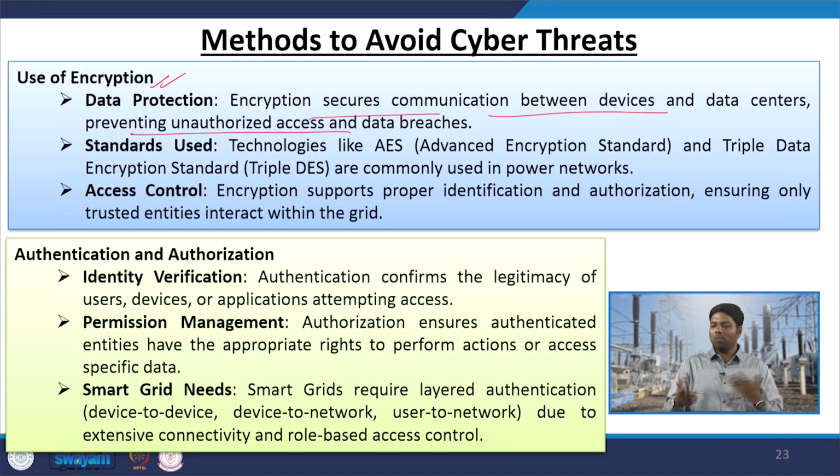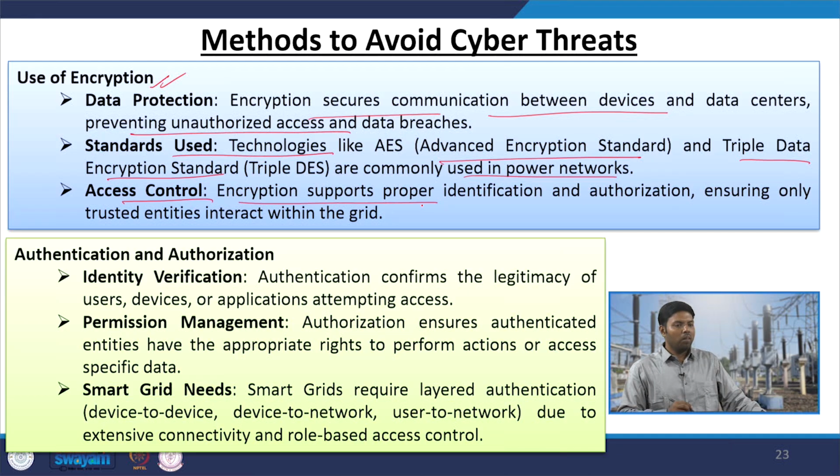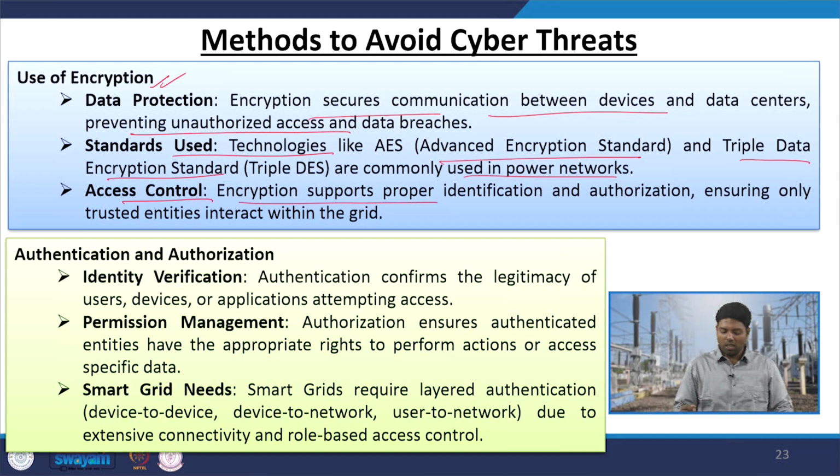So they are getting some bad data from it, while the actual data is good and is safely conveyed to the receiving end. Normally different standards are used, like the Advanced Encryption Standard and the Triple Data Encryption Standard, commonly used in power networks. Then access control: who can access that encrypted data, using identification and authorization, ensuring only trusted entities interact within the grid.